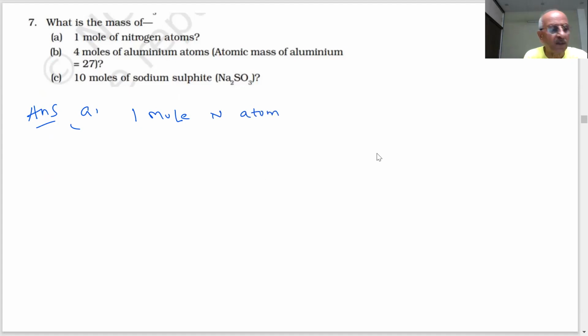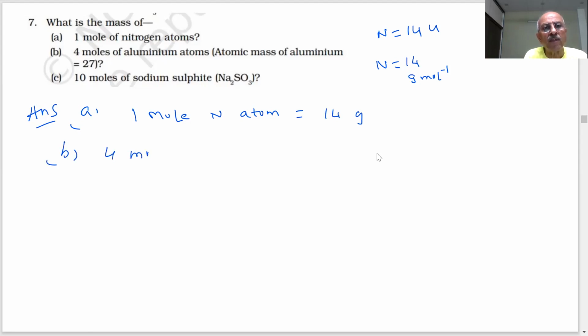What will be the mass of that? What is the atomic mass of nitrogen? 14 gram per mole. We say 14 u means mass of 1 atom of nitrogen. So 1 mole of nitrogen will be 14 gram.